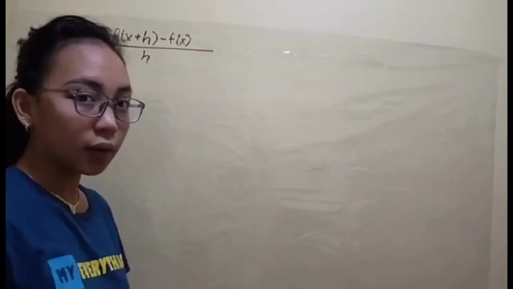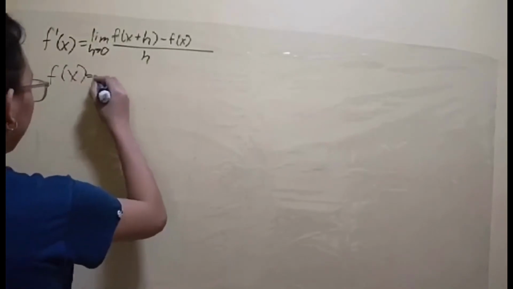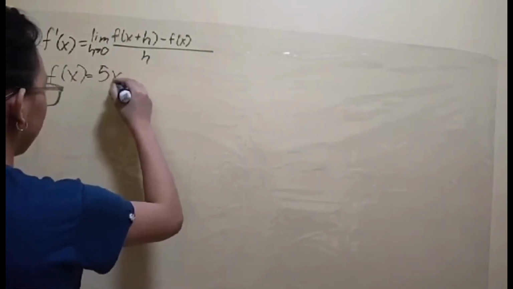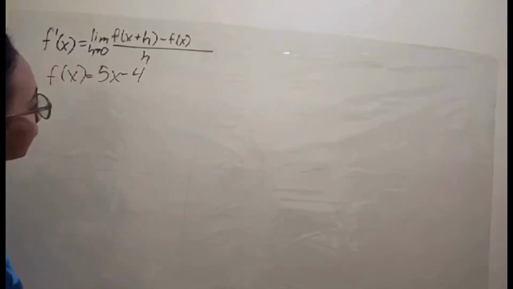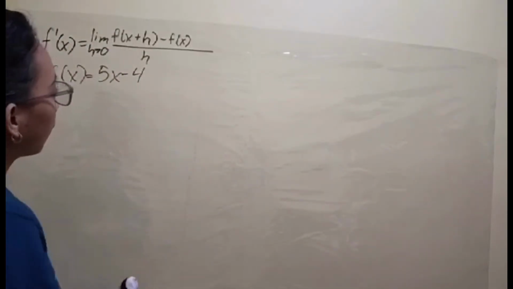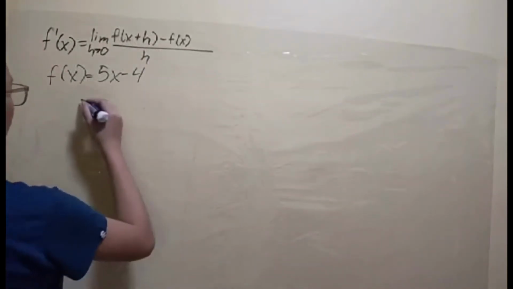And now, I will give an example. F of x equals 5x minus 4. First, we are going to evaluate the function with x plus h and x.